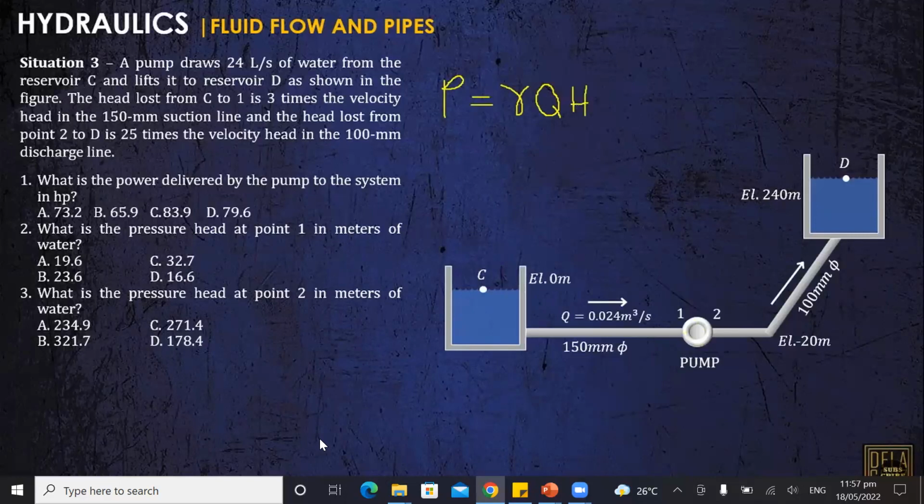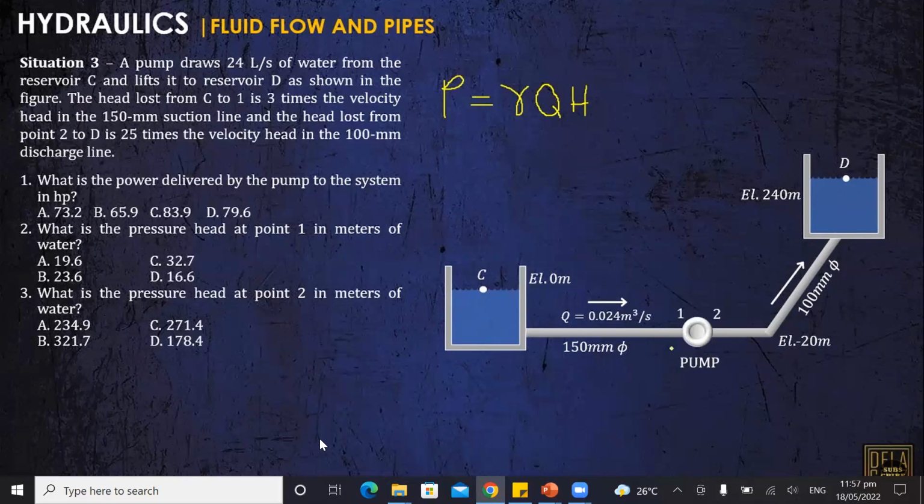So in this case, this is the head added. Pwede rin, i-generalize natin H, but pwede rin siyang head extracted by the turbine. No? Up to what machine we are using. Dito, this is a pump, so head added dyan. So to solve that, dapat makuha natin yung HA, then dapat ma-involve natin yung pump sa equation.